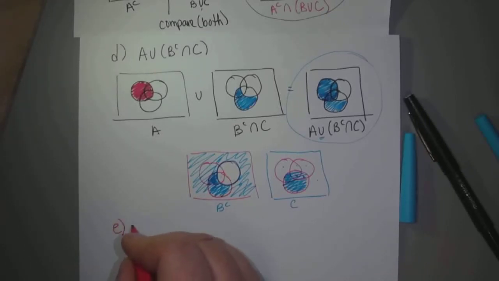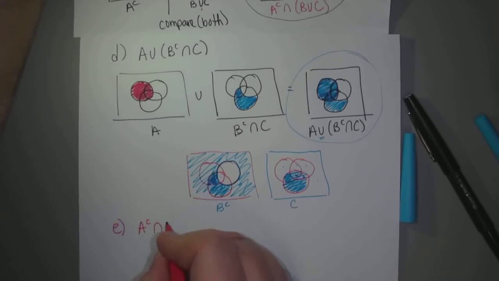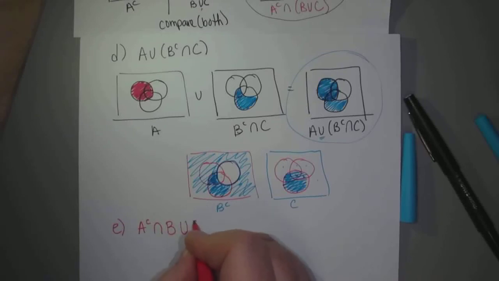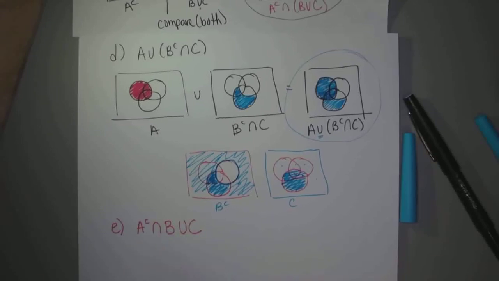You can pause the video and try it, and then start it up again, and I'll have the answer. So write this down. I don't have brackets, so you're going to go left to right. Okay, so pause the video and then come back in a minute and see if you get the right answer.